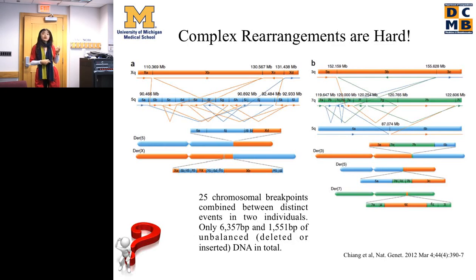Also there is a very long piece of material from chromosome X that got deleted from X and then inserted on chromosome 5, and here again part of the material from 5 is in chromosome X. This is more complex in the second person, where 3 different chromosomes are involved, and it's too messy for me to describe.